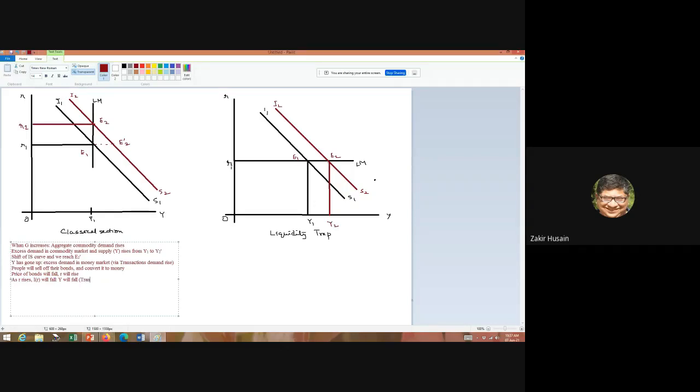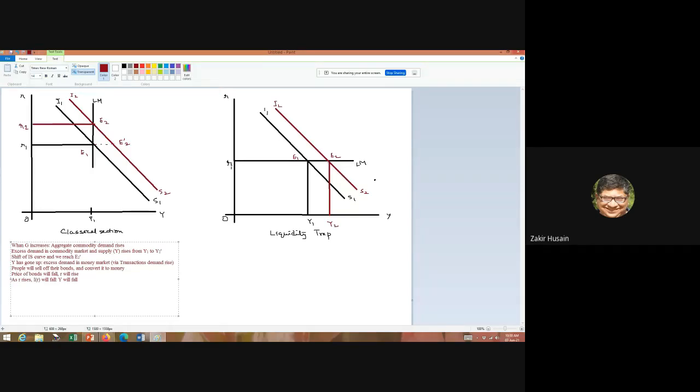Okay, so how much will Y fall? See, your wealth has not gone up. What has happened is you have a certain amount of excess demand because Y has gone up, let us say from 1000 to 2000. As Owen rightly pointed out, your speculative demand cannot change. So when will the money market come back to equilibrium?